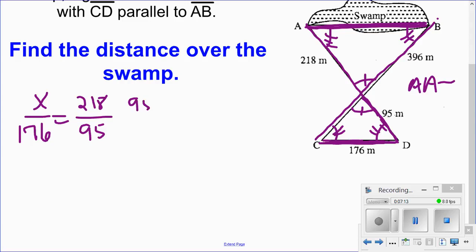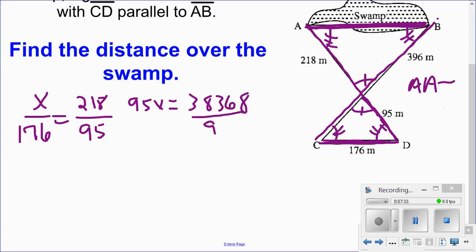So I have 95x is equal to whatever 218 times 176 is. So let me figure that out. 218 times 176, and that is 38,368.